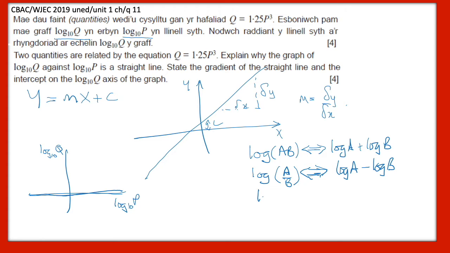And the other one we commonly use is that log of A to the n is n log A, because it is repeated addition of log A, n times, hence it's n times the log of A. You would normally expect in a question like this to use at least two of those three techniques.